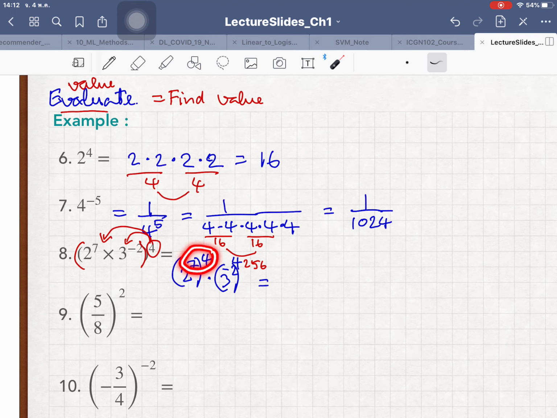So in this case, just multiply the powers together. 7 times 4 you get 28. Minus 2 times 4 you get minus 8. Sorry, it's going to be multiply.